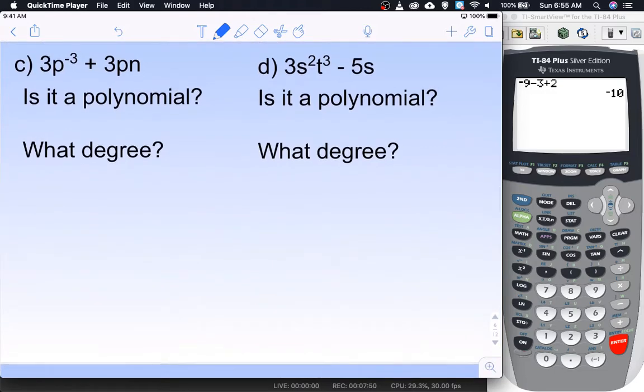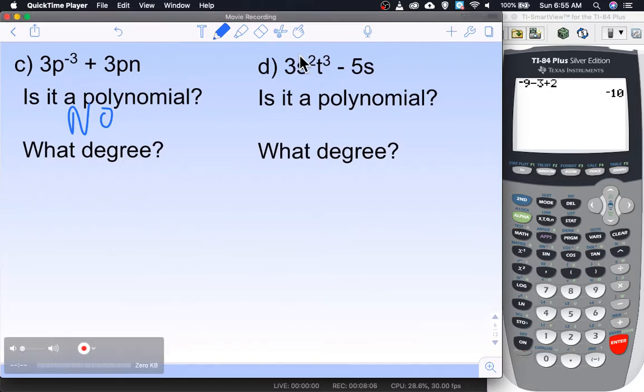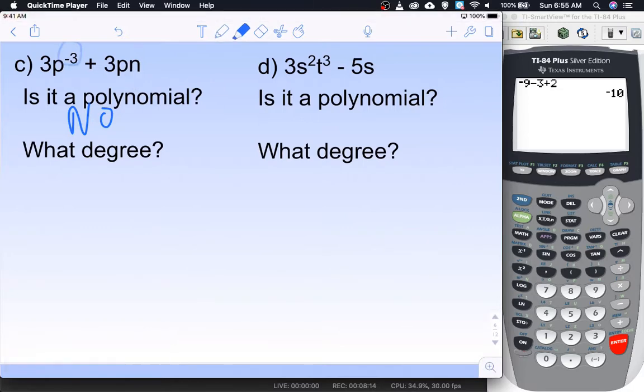Couple more. There's more examples of this type we need to see. Letter C. Is it a polynomial? I'll tell you the answer is no. You tell me why. Why is that not a polynomial? It's not because of there being two different variables. That's okay. It's because of this negative exponent. You're not allowed to have negative exponents in your polynomial.